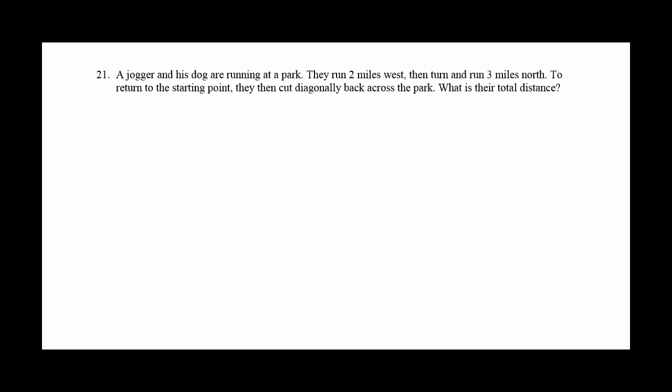Okay, so in this number 21 in this dog question, I am making an assumption about knowing your direction. So we got north, east, south, and west. Okay, so we start at a point and they go 2 miles west, and then they run 3 miles north.